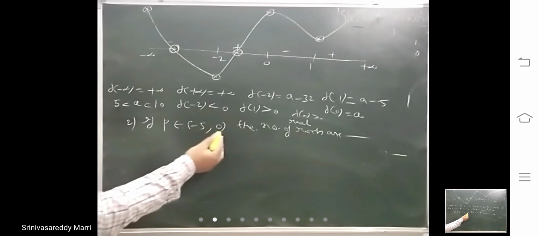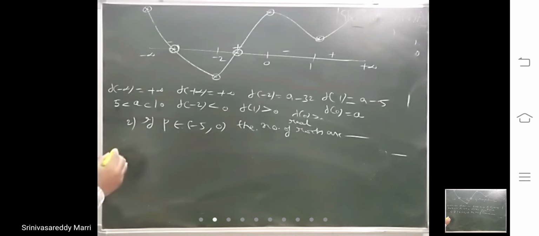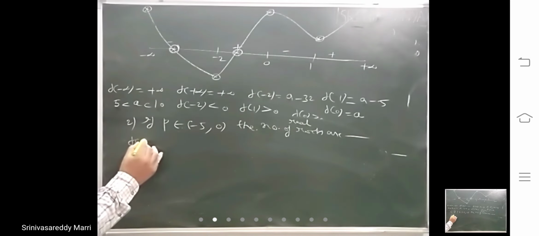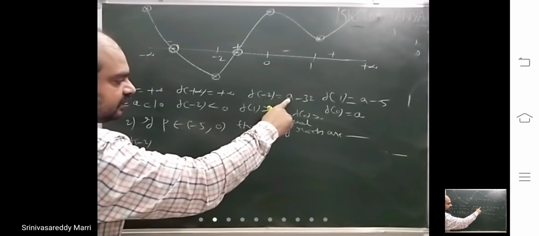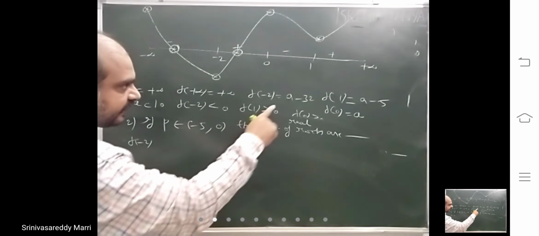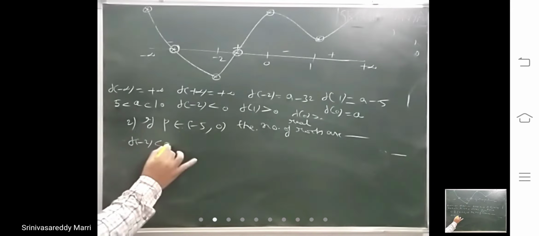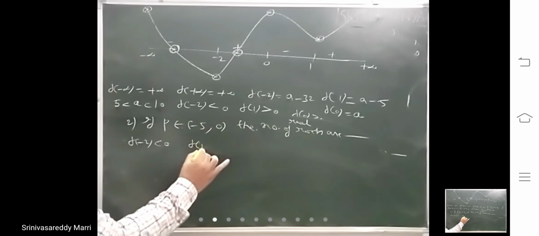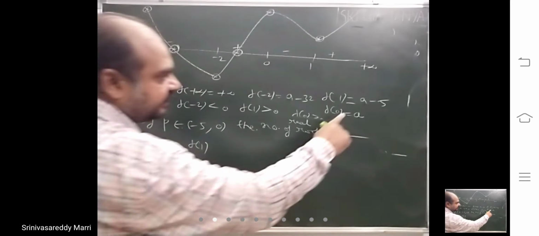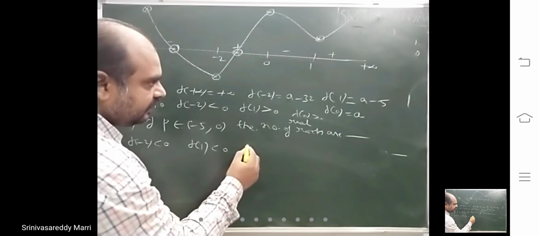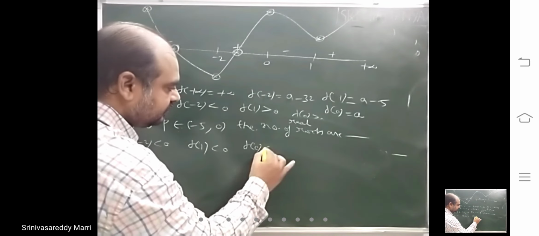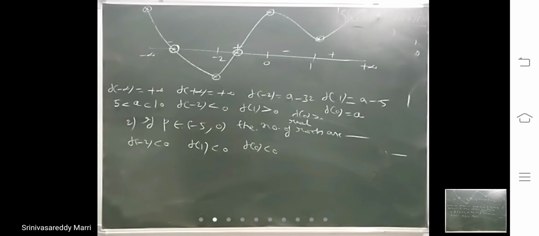Look at, a belongs to (minus 5, 0) means, look at f of minus 2. a lies between minus 5 and 0, so this is negative. f of 1 negative. f of 0 negative. Look at how the graph will be.